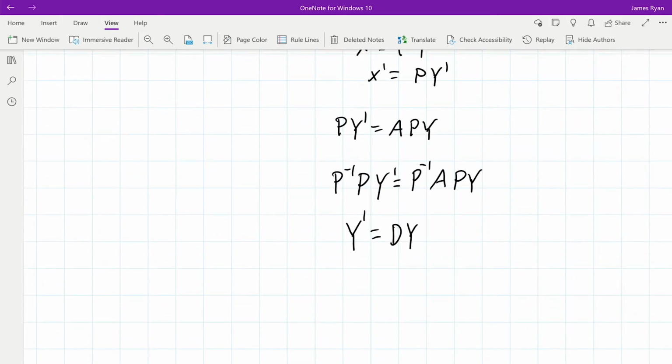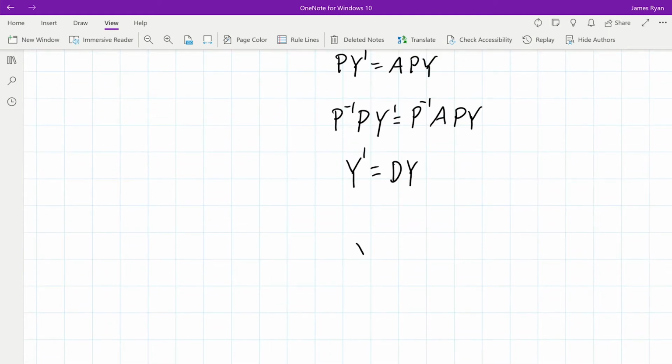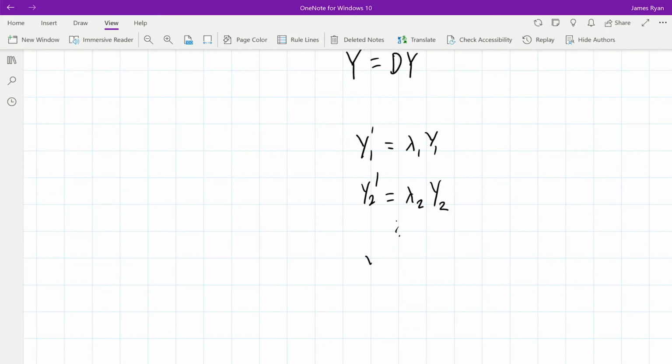Since D is a diagonal matrix, this means that y1 prime is some constant lambda 1 times y1, and y2 prime is some constant lambda 2 times y2, and so on, all the way up to yn prime is lambda n times yn.